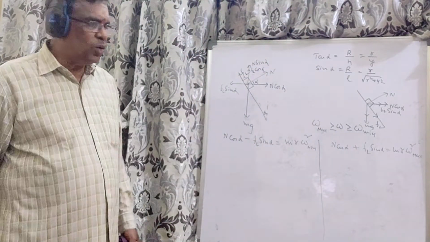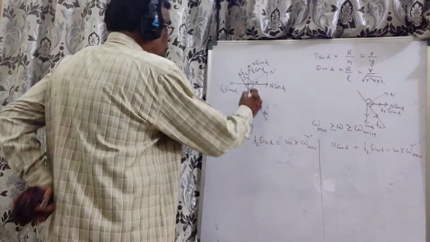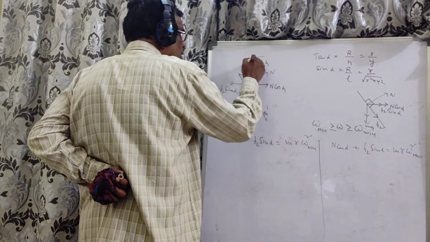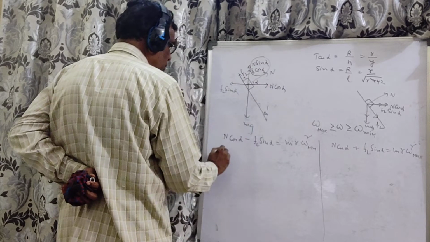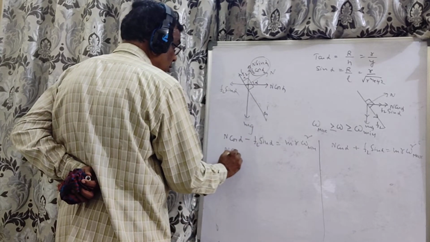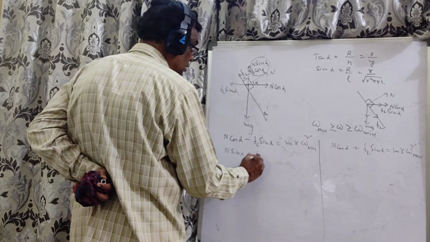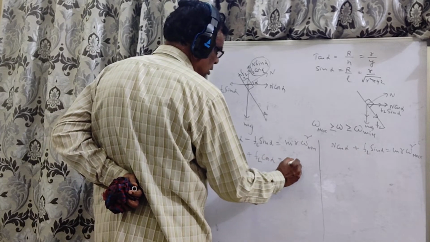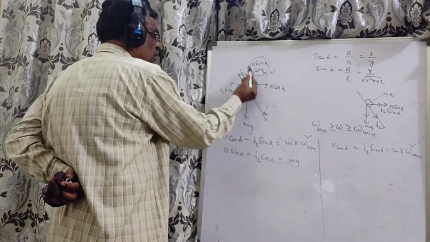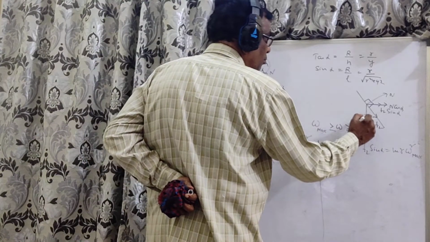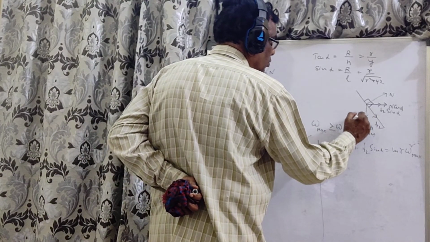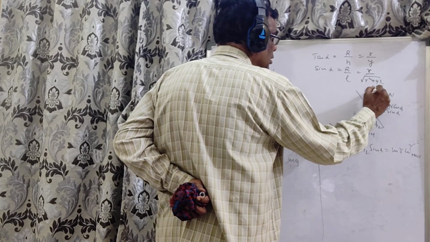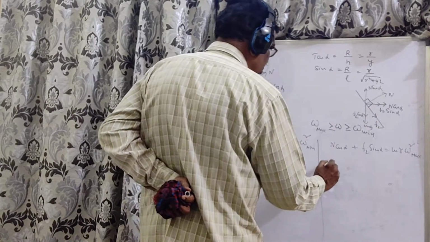Simultaneously, when I'm writing it, you don't have any issue at all. And then what about this? This is done. What about this? This is N sin alpha plus FL cos alpha is equal to mg. These two. Here, this is FL cos alpha and this is N sin alpha.